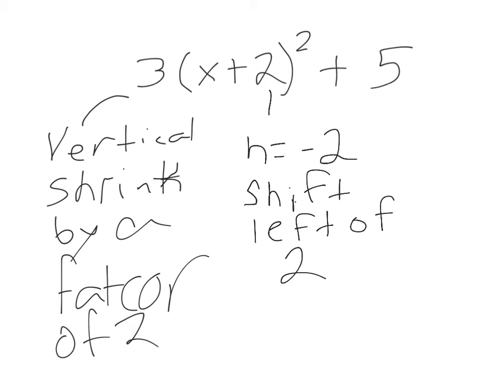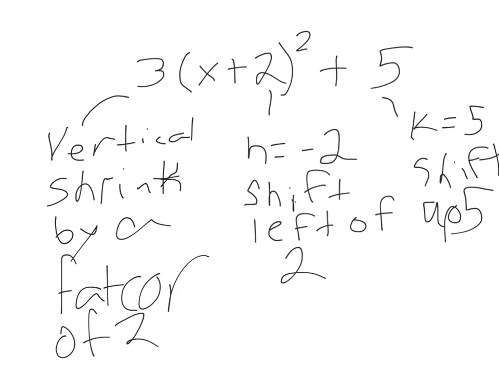Now, k is really straightforward. This time k equals 5. So I have a shift up 5. Okay. So there's one example that I would do to find the transformations of a quadratic.